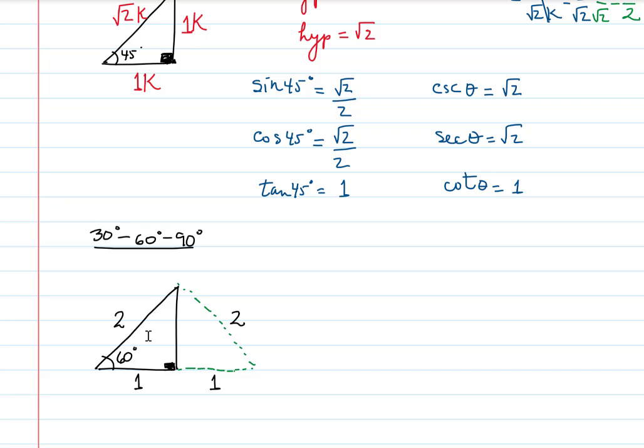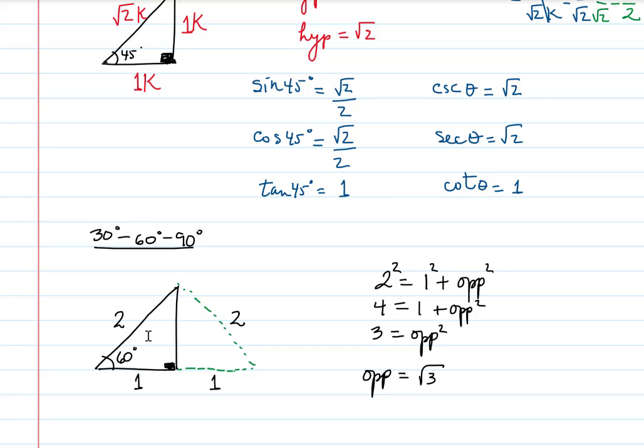Then we get, 2 squared is equal to 1 squared plus the opposite side squared. Well, that's 4 equal to 1 plus opposite squared. Subtract the 1 from the 4, you get 3 equal to opposite squared. And then finally, opposite is just square root of 3. So this part right here is square root of 3.